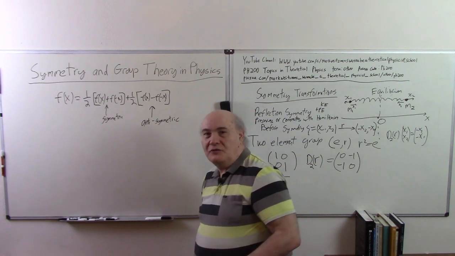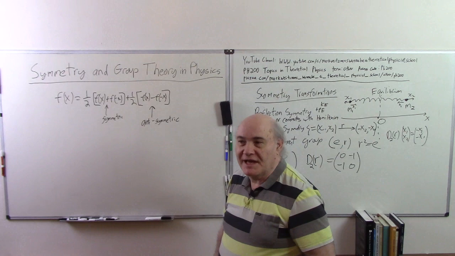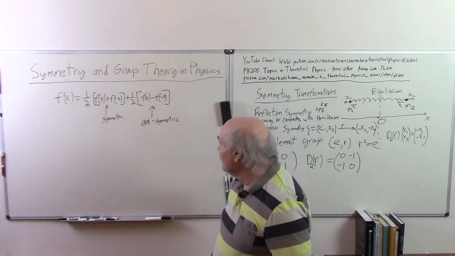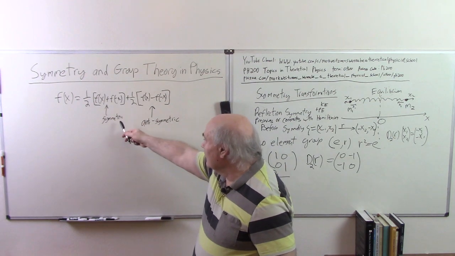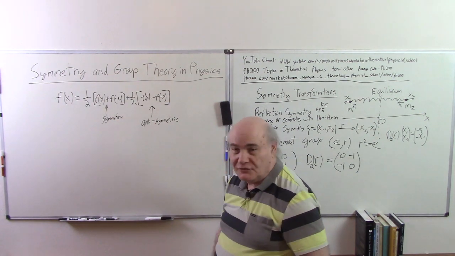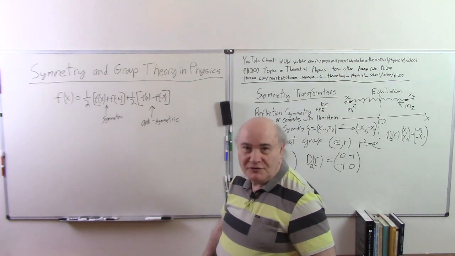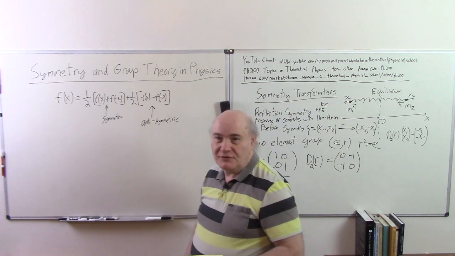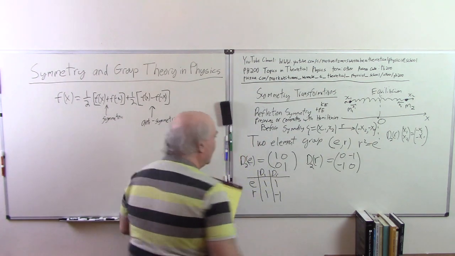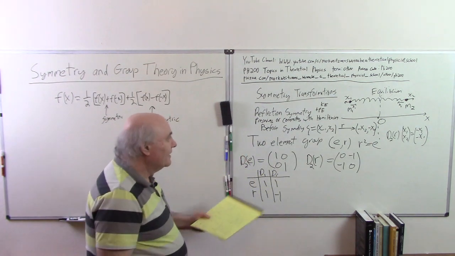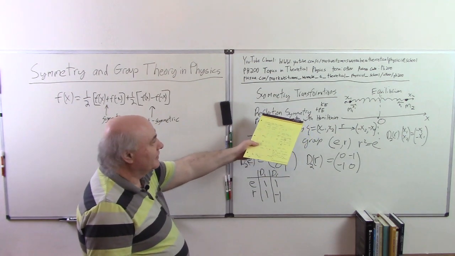So this goes back to the simple idea in quantum mechanics or in any area of physics that if we have a one-dimensional function, we can represent it as a sum of a symmetric function and an anti-symmetric function. There's only two symmetries possible for a two-element group, for something that's just parity and do nothing. So that covers this situation here.